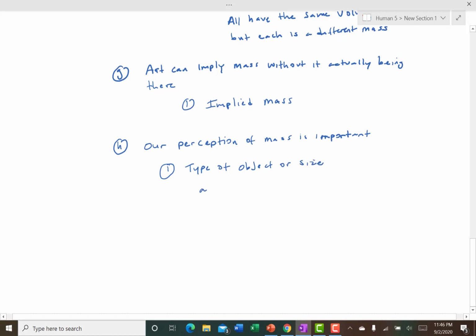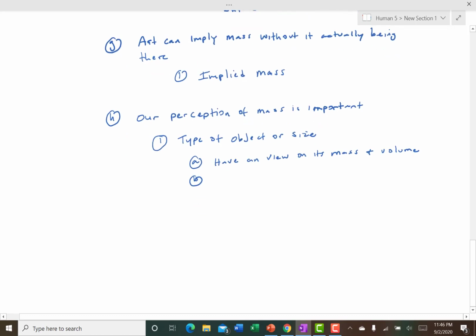We immediately have, let's say, a view on its mass and often its volume. This is already a preconceived notion of what something should be in its mass and volume.